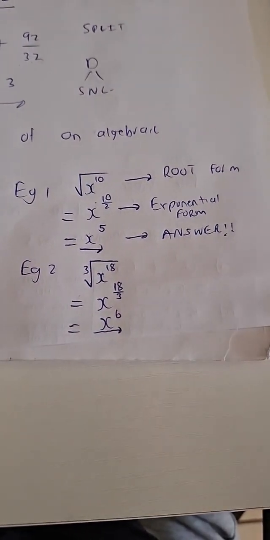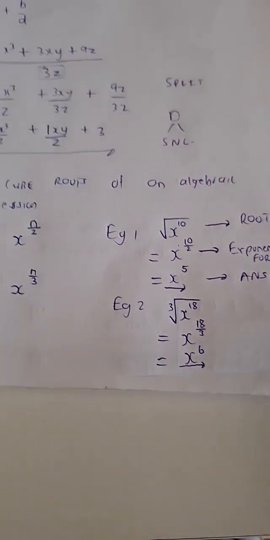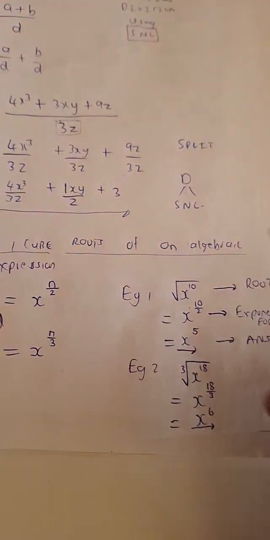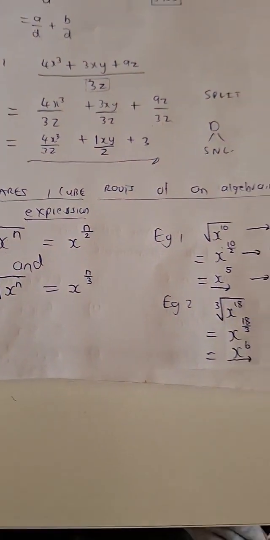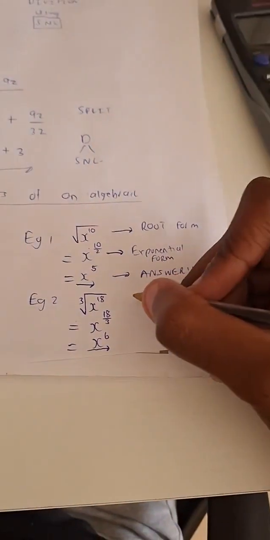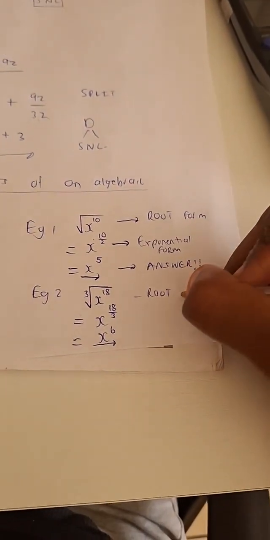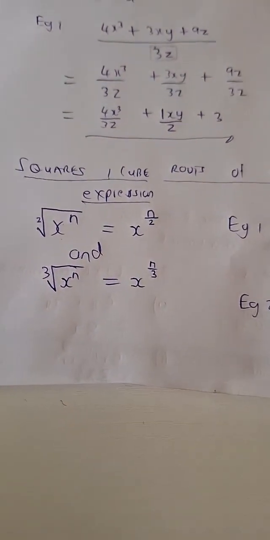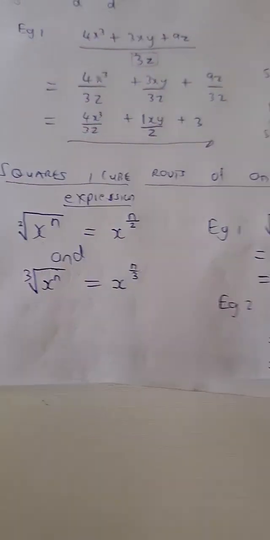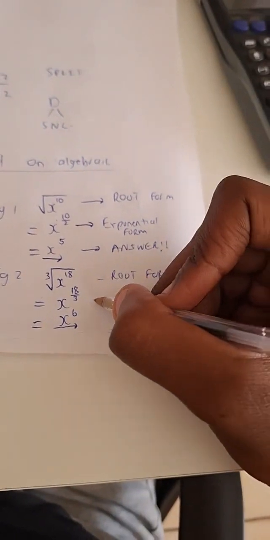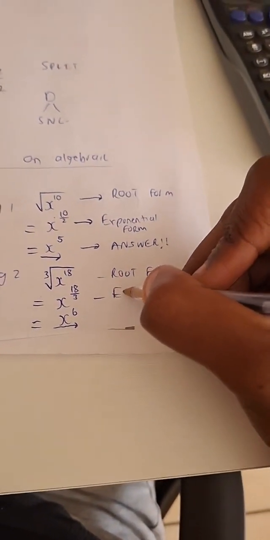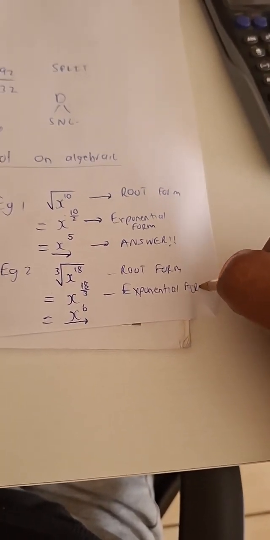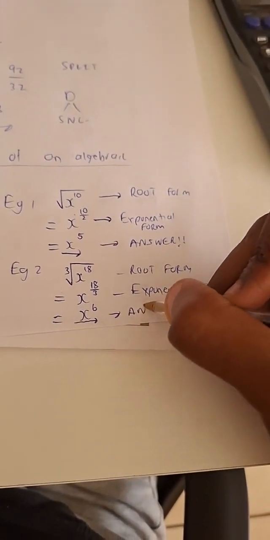So I am saying these are very useful rules, the rules on square and cube roots of an algebraic expression. Know these. Okay? These are very important: knowing how to convert root form to exponential form, and then ultimately the answer.